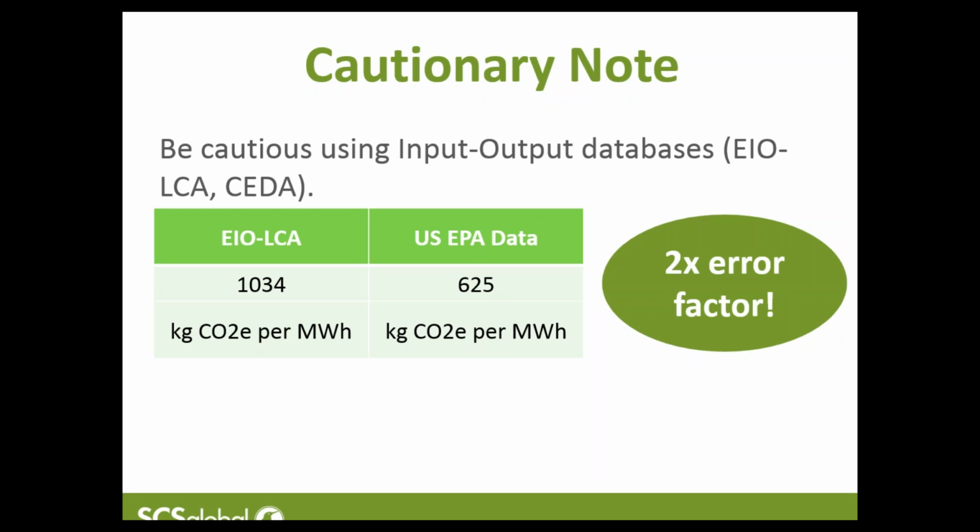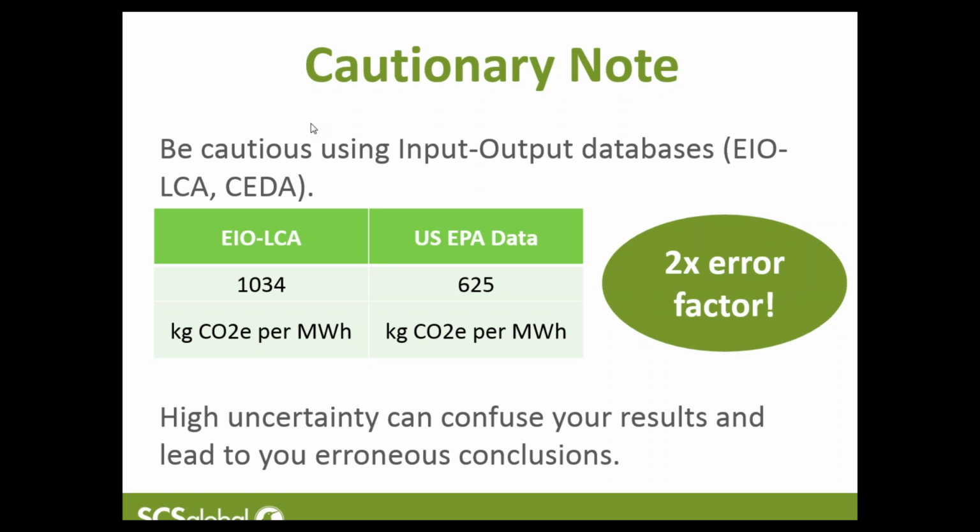So in this case, there is a 2 times error factor between the EIO data and the specific data. Clearly there can be a lot of uncertainty associated with this EIO data. This can lead to confusion in results, lead to erroneous conclusions, and is an issue that can be a factor for problems with the credibility of the final results.